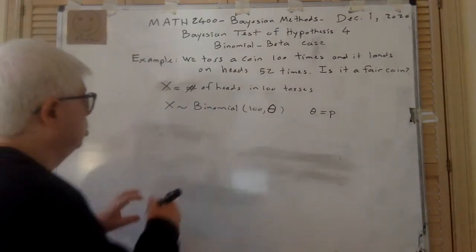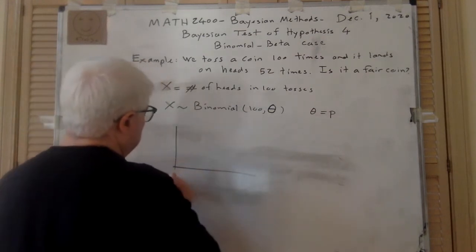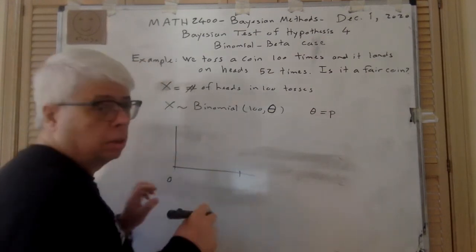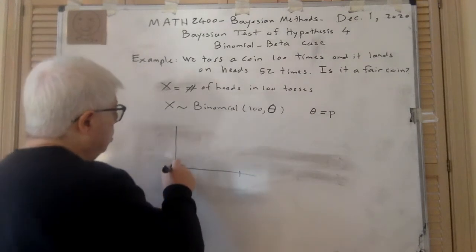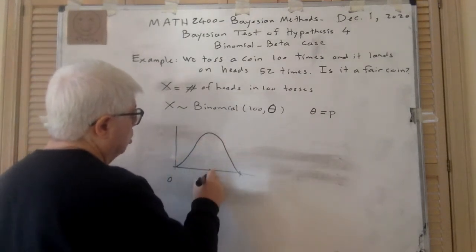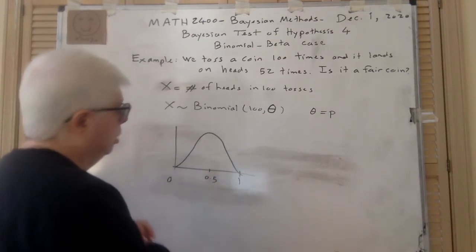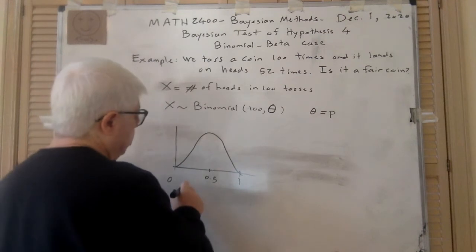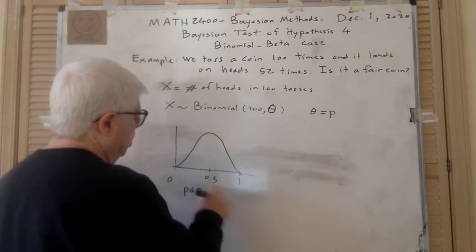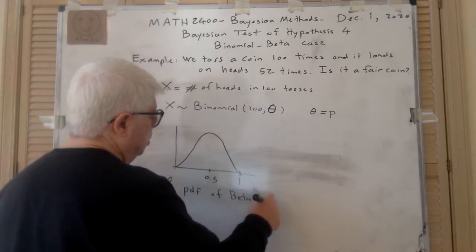So beta distribution, this beta 3 looks like this. 0, 1, well, I have a graph of that. And this is 0.5 and 1. So f beta PDF of beta 3 3.